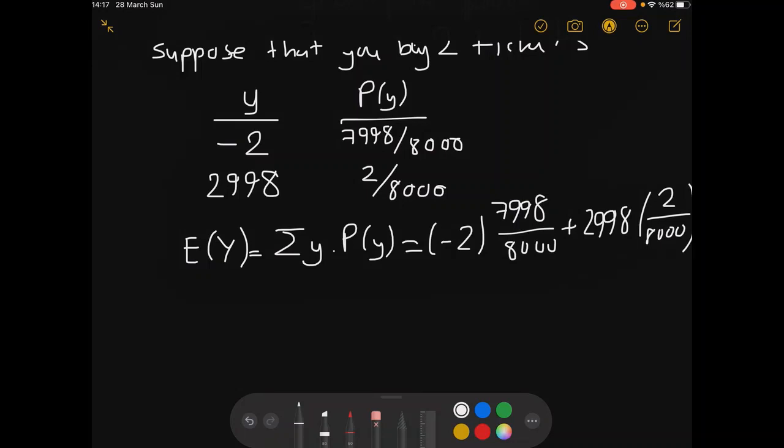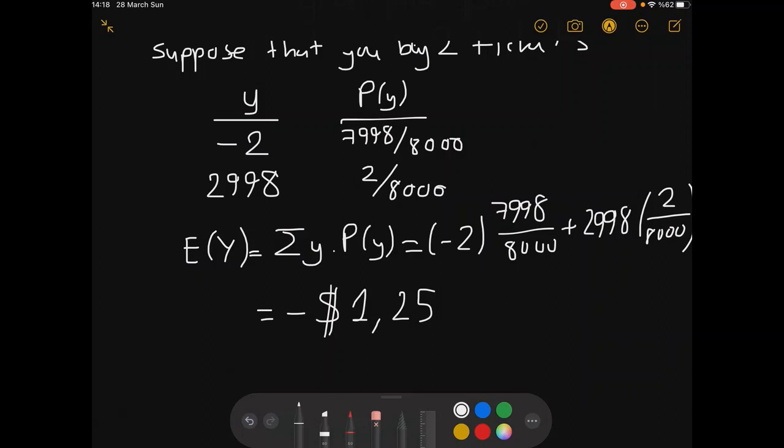When you make the necessary calculation, you will end up with minus $1.25, a 1/4 loss is what you're expecting here. This is the concept of expected value.